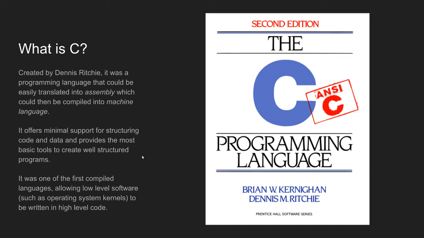But yes, C was written as a programming language a few decades ago by Dennis Ritchie. Prior to C, most programming was either done directly in machine code, which is the code that processors can read, because they don't understand instructions written in English.